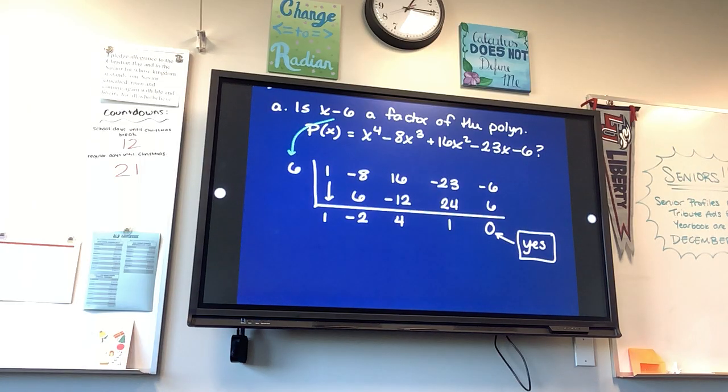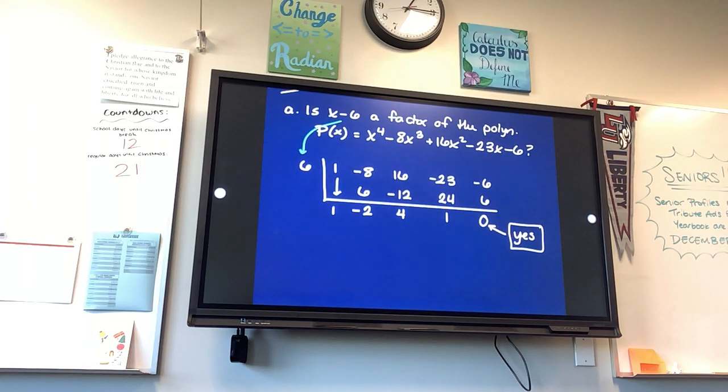But now here is the extension beyond that. What do they call this? If it is a factor, write the polynomial as an expression of 2 factors.